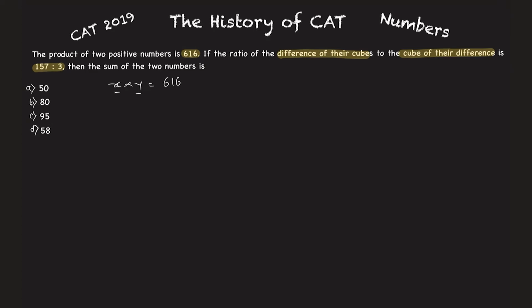The difference of their cubes, x cube minus y cube, upon the cube of their difference, x minus y, is 157 upon 3. Then he is asking what is x plus y, the sum of the two positive numbers. So how will I go ahead and start?